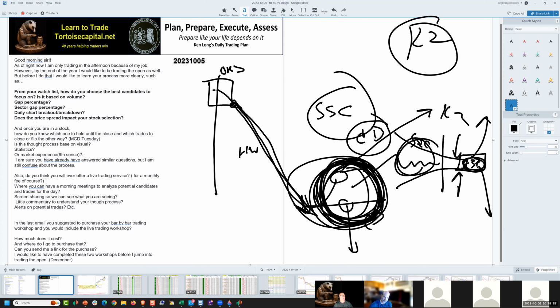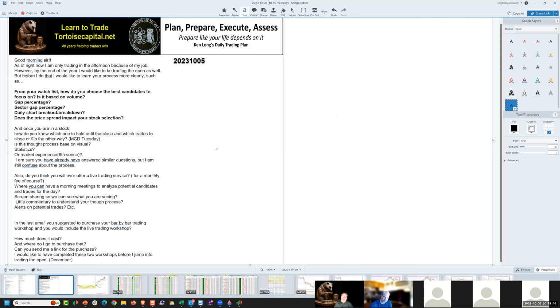I have that pattern on a coffee mug that I drink coffee from when I'm trading. That's how important that is. The most important thing in the world is when the RL10 crosses the dragon.